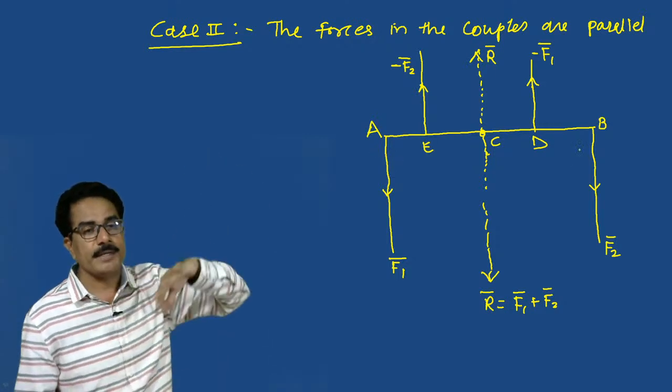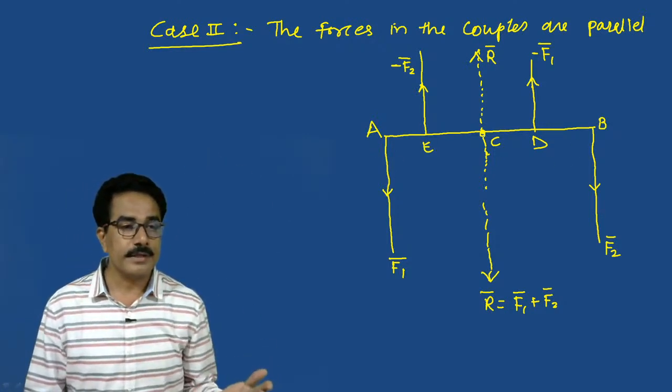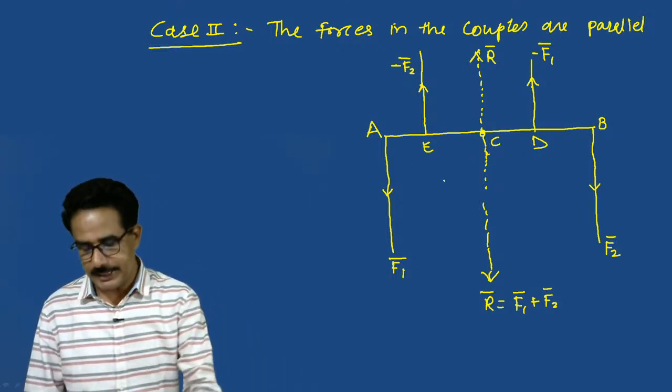F1 is at point A, F2 is at point B, then the resultant is at point C. Similarly D and E.